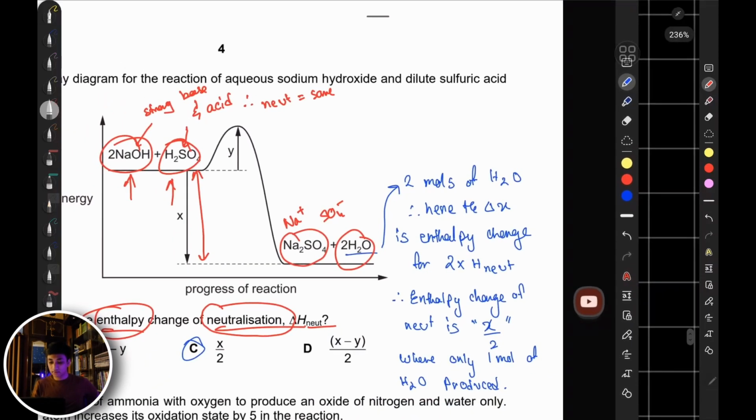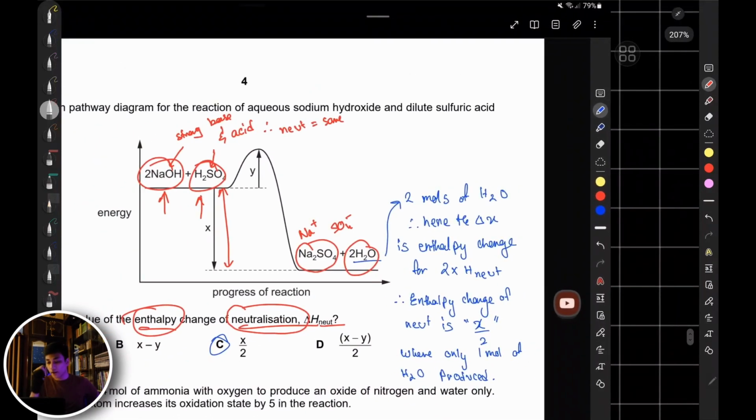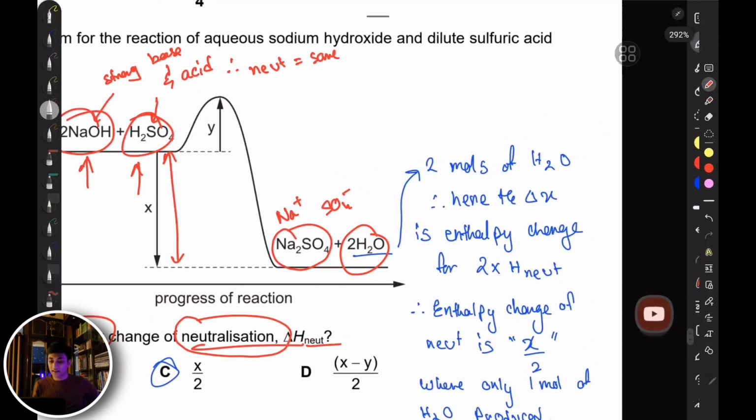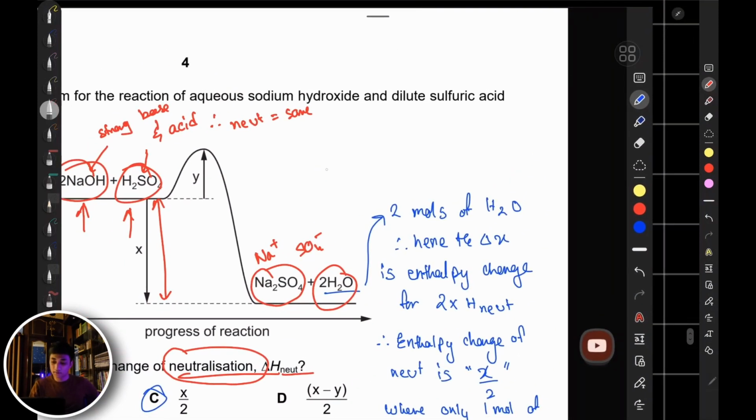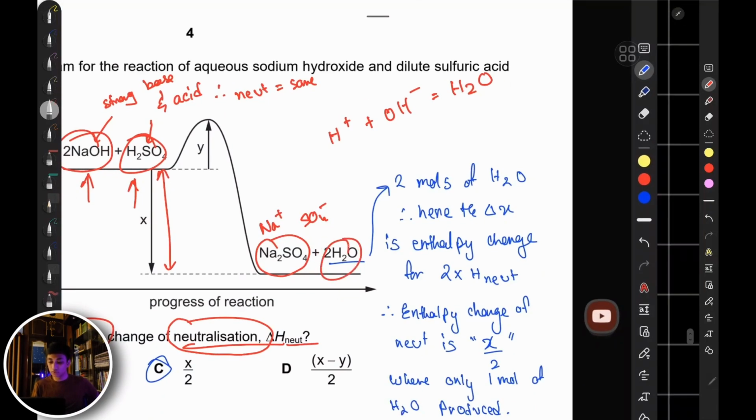So this enthalpy change, where is it going to be coming from? The ionic equation, the ionic reaction, which is between H plus and OH minus giving you H2O. In this case, they have given you 2H2O.